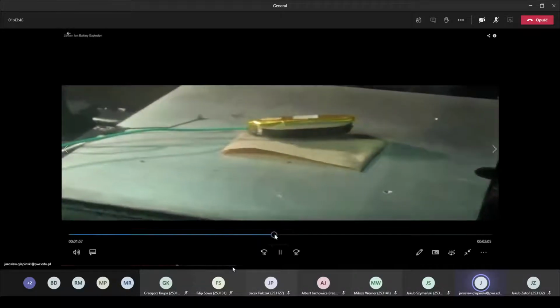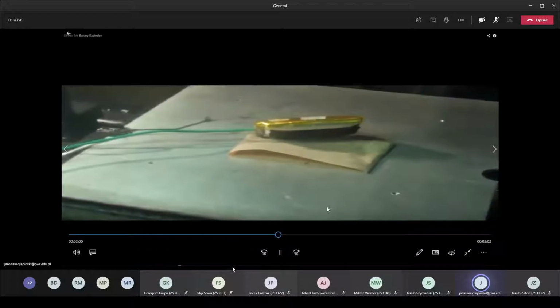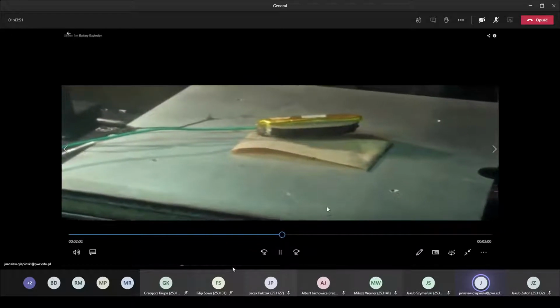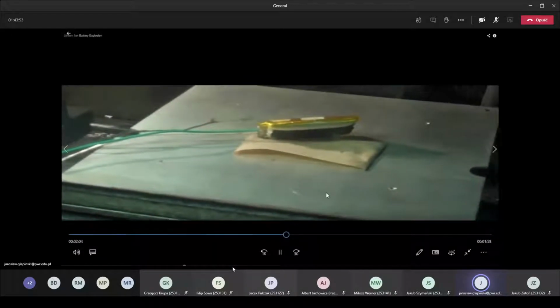Yeah, you can see that something happened inside. Okay, we charge it. Oh, can you see that there is more and more pressure inside, so it seems to be blowing in time. Oh, sorry. And if we overcharge the battery, it explodes.